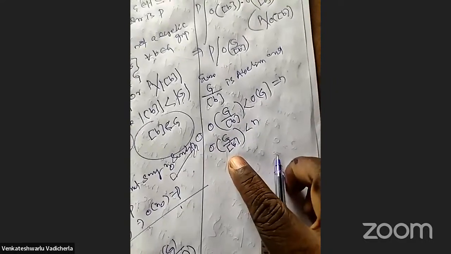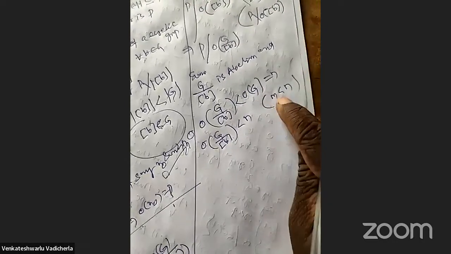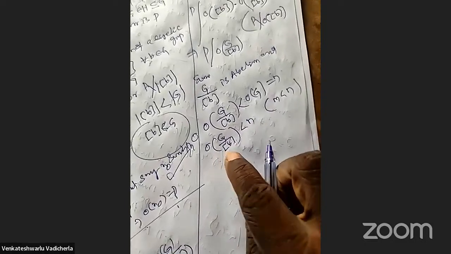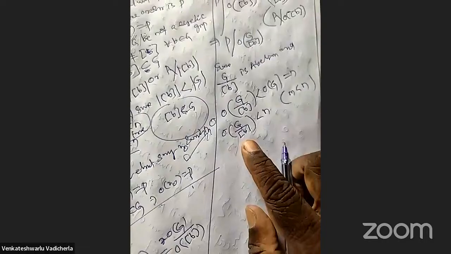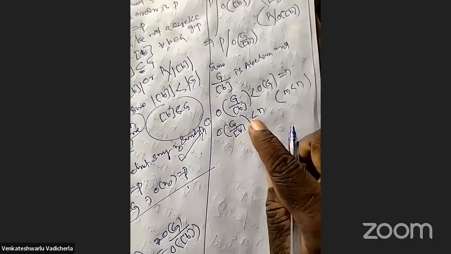The theorem result is true for groups whose order is less than n.